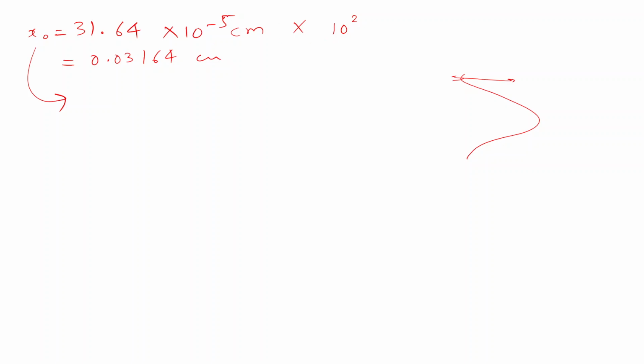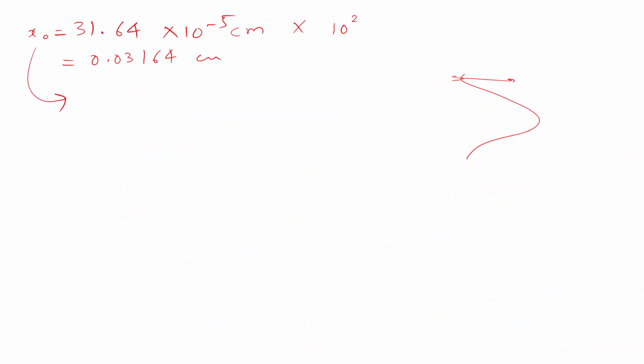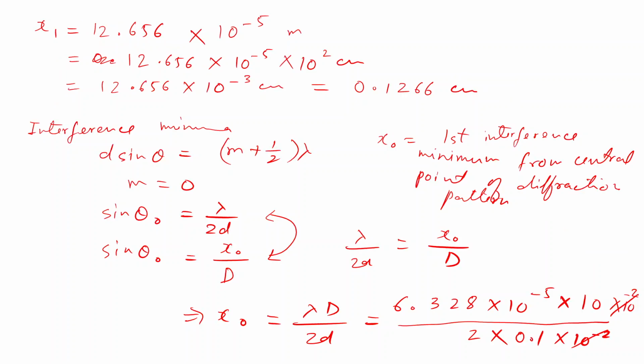Or wait a second, 2 minus 5 is minus 3. Then next, did I do some mistake here? 6.328 and 10 to the minus 5, 10 divided by, and this was all in meters, and from meter, if I convert it into centimeter, we'll multiply it by 100.